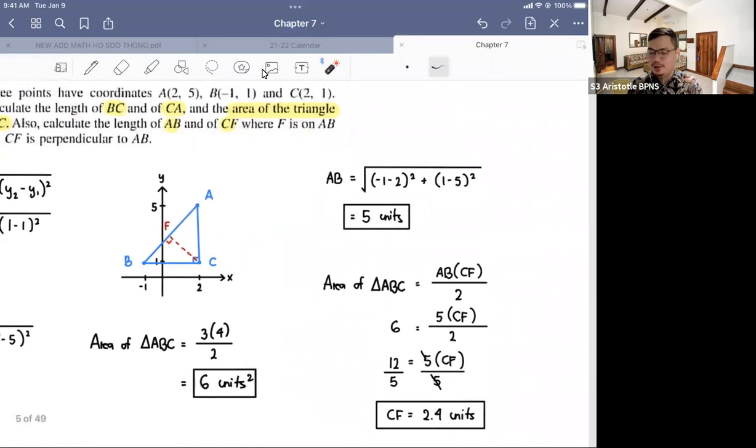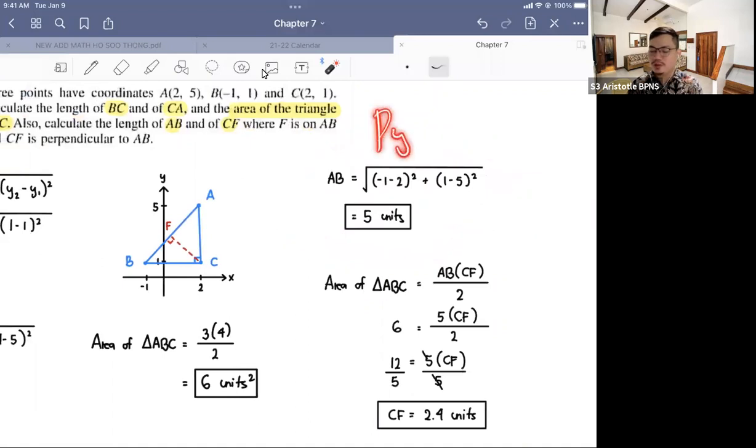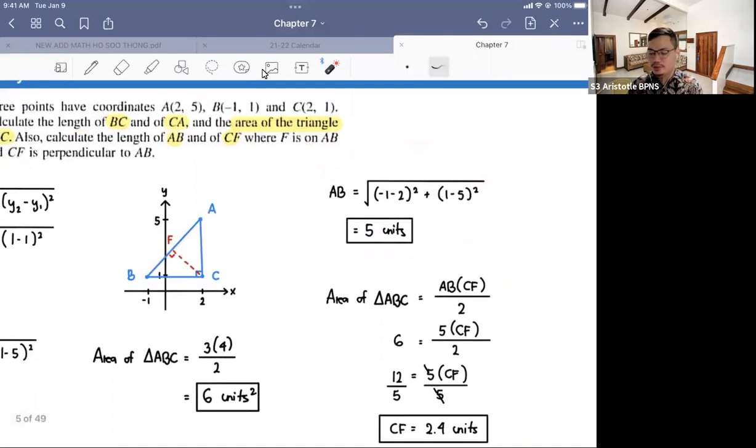For this one, I've used the distance formula, but again, you can use the Pythagoras theorem because it's a right triangle. You will still get 5 units as your answer. They're basically the same, okay? So the length of AB is equal to 5 units, all right? Okay, so basically, again, it came from these 2 points.